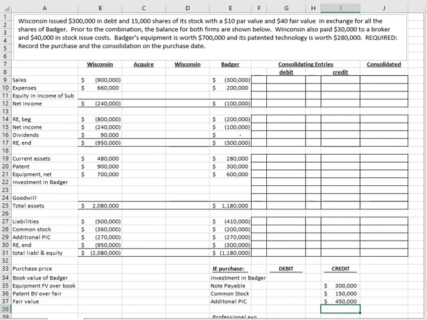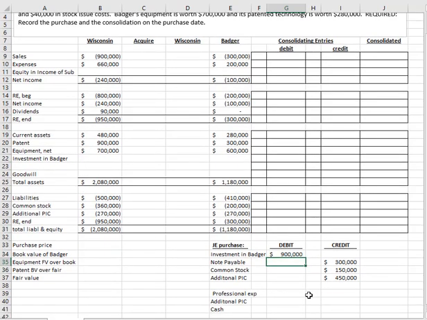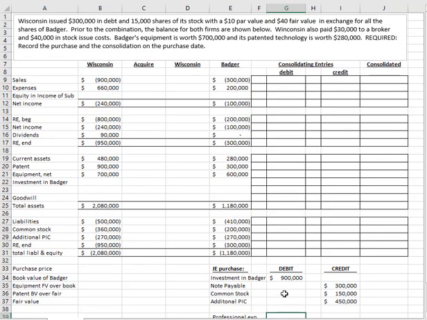Okay, so the cost of the investment would be all three of those added up. That's the total that they paid. And then they also paid some professional fees and some stock issue costs.